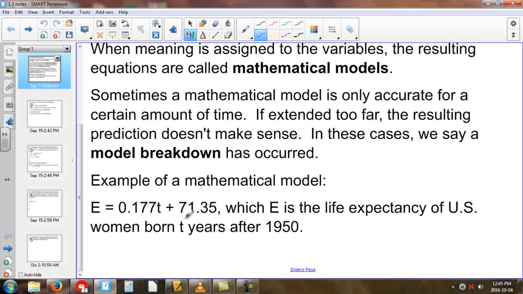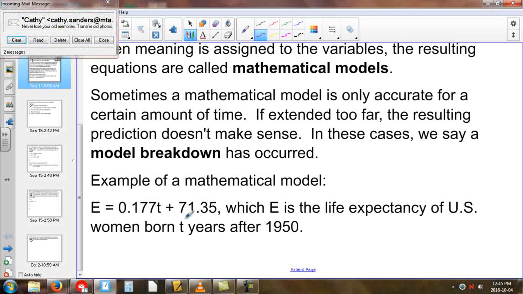But now, what if we change the numbers? What if we allowed t to be 40? If t equals 40, then we're talking about 1990. So 0.177 times 40 plus 71.35.